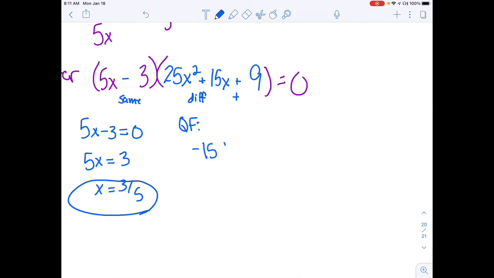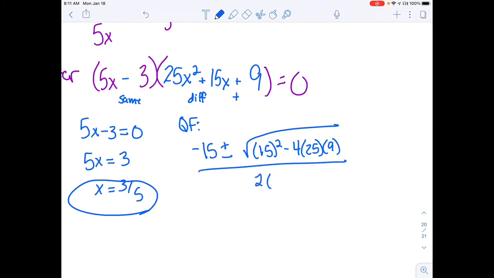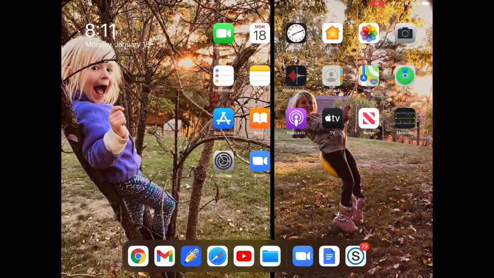Opposite b plus or minus square root of b squared minus 4ac all over 2 times a. So it's negative 15 plus or minus square root of. That's going to be a negative inside of there. I think it's negative 300. I am going to double check though because I don't want to do this wrong.